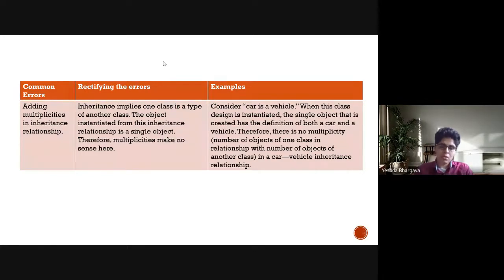So, with that, we come to the end of object oriented designing. And always remember that there are two types of modeling: static modeling and dynamic modeling. We have covered the use case modeling, the DFDs, the class diagrams, and also the state diagrams.